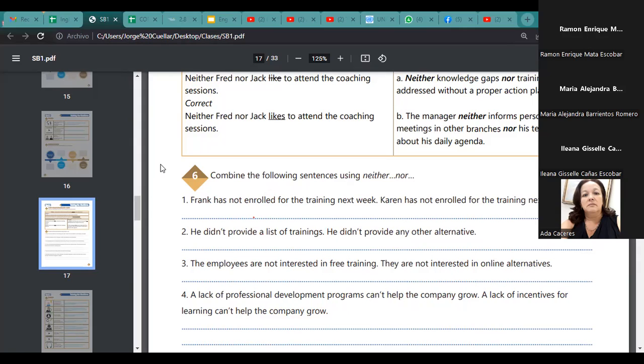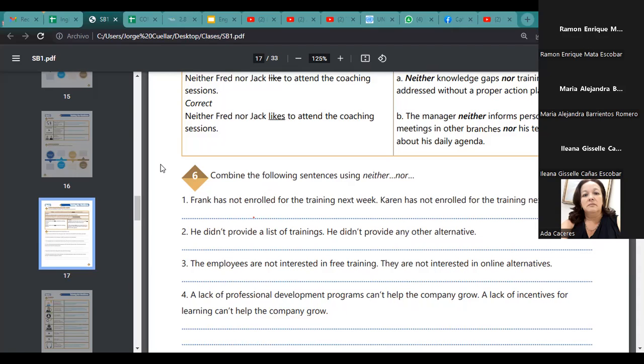I will. Okay, go ahead. Well, in this case, neither employees are not interested in free training, nor they are not interested in online alternatives. Oh, you made it the other way. It should be the employees are neither interested in free training nor online alternatives. The first one is like neither Frank nor Karen, because it is one person or the other person.